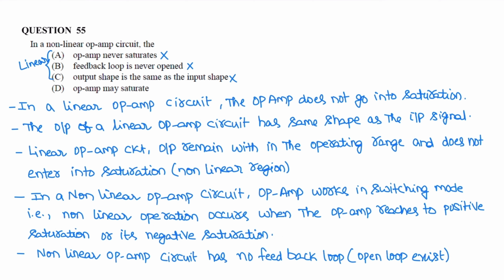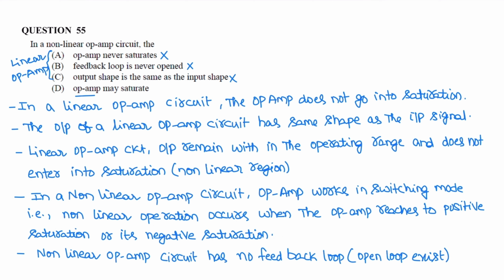A nonlinear op amp circuit has no feedback, only open loop exists. The first three statements are related to the linear operational amplifier circuit, and statement 4 is related to the non-linear one. So the correct option is D.